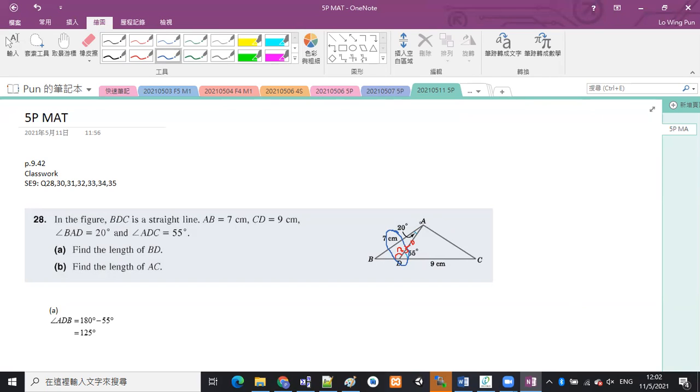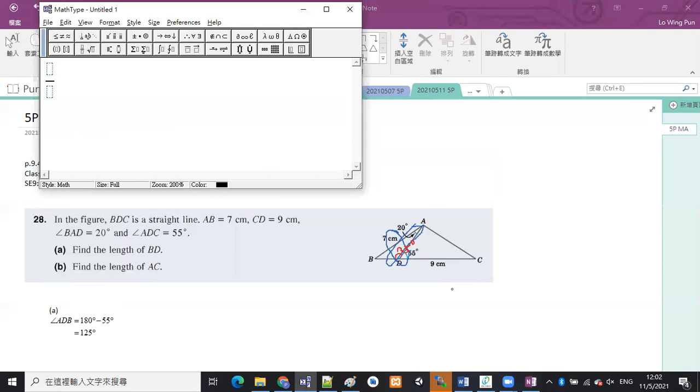So let us use the sine formula to find BD. So I put BD on the top left corner, divided by sine 20 degrees is equal to 7 over sine 125 degrees. And then BD is calculated by this line.